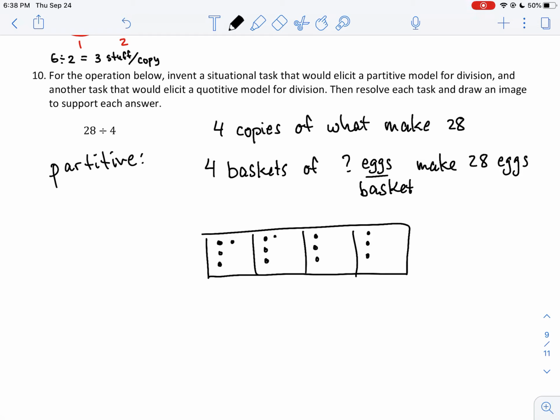There's 12 eggs accounted for. 16 eggs accounted for. 20 eggs accounted for. 24 eggs accounted for, and then 28 eggs accounted for. And then once you have it fair shared, you can see that there are 7 eggs per basket.